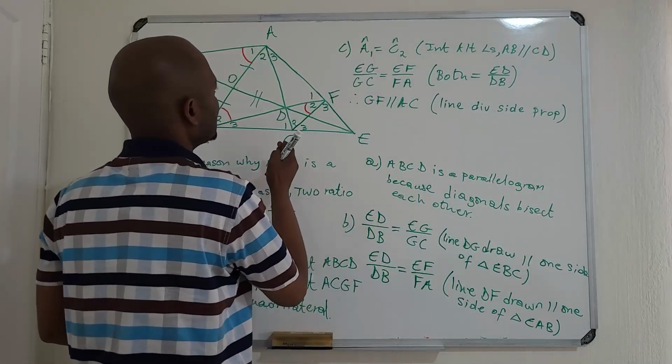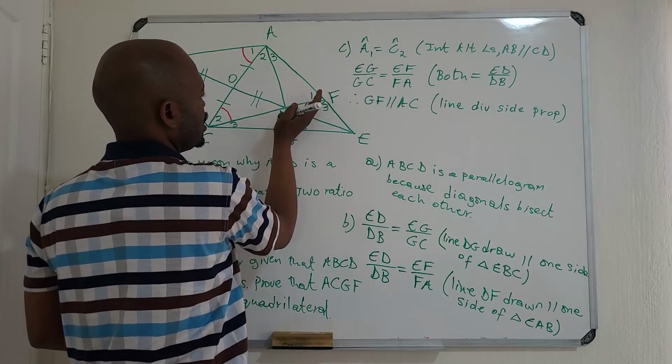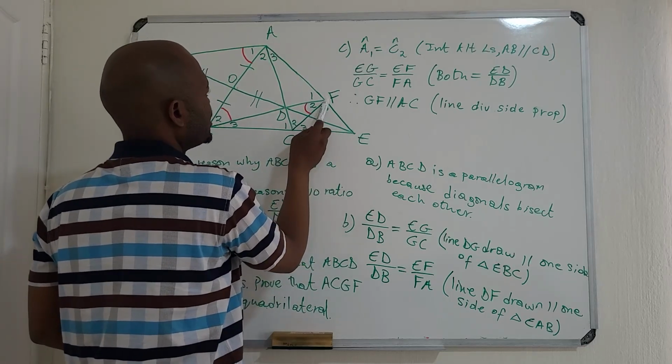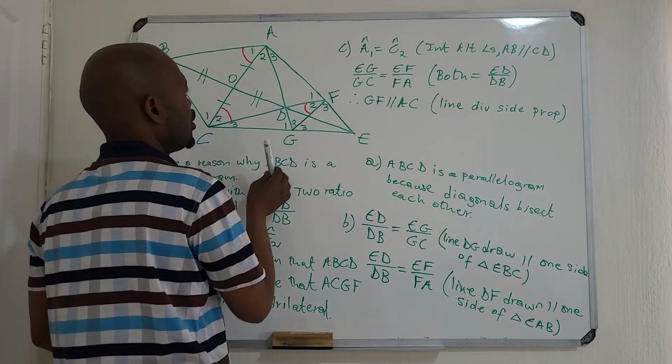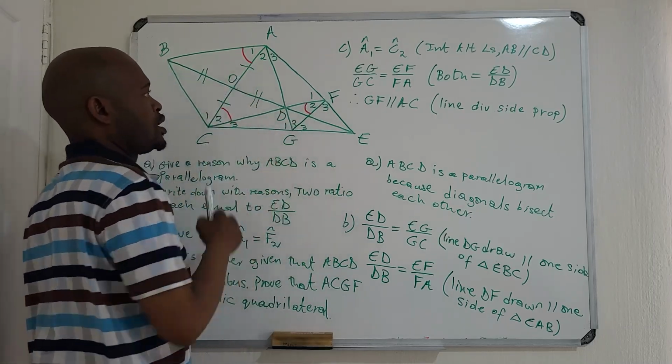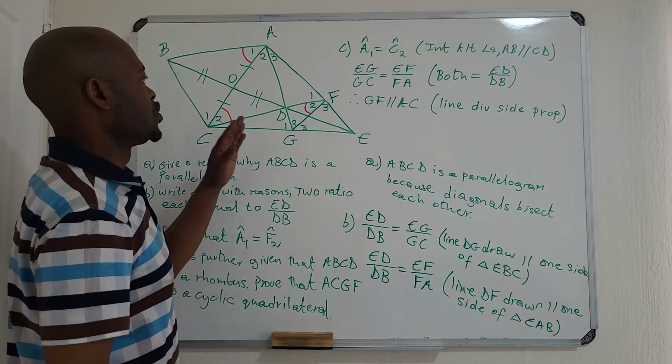Since this line divides this side and this side in the same ratio, then it means that this is parallel to that.